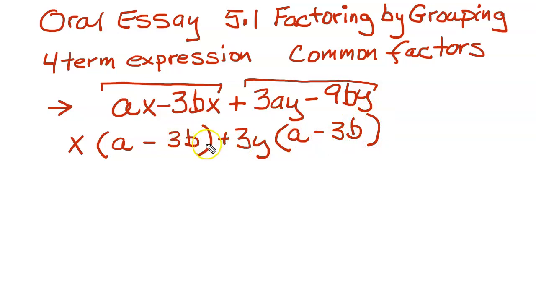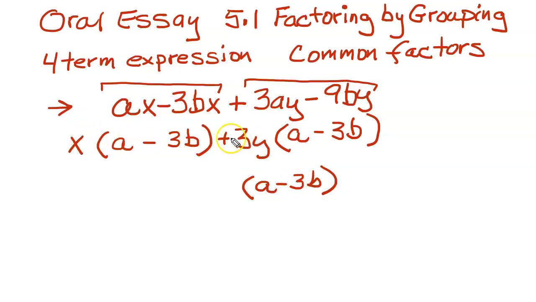So now we see we have a two-termed example, and as part of each term, there is a binomial common factor. So we can take that common factor out, put it here, and there's different ways of doing this.